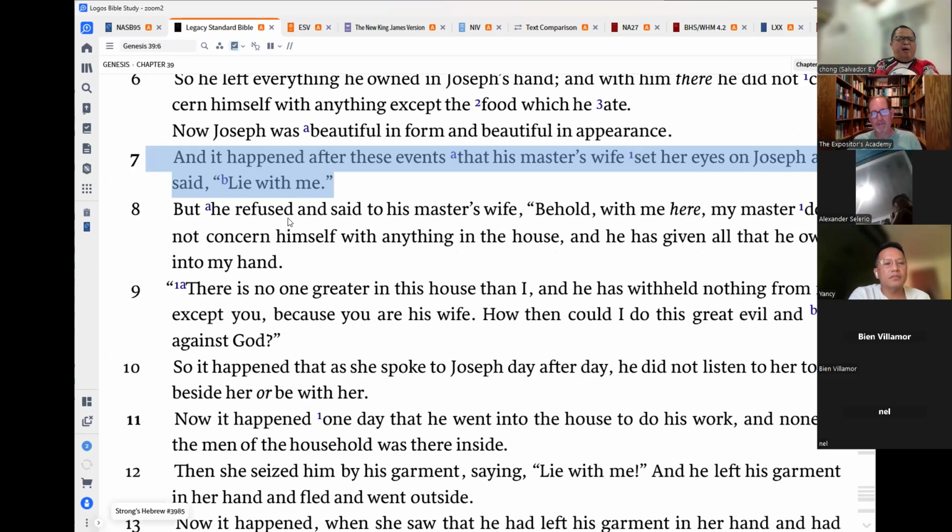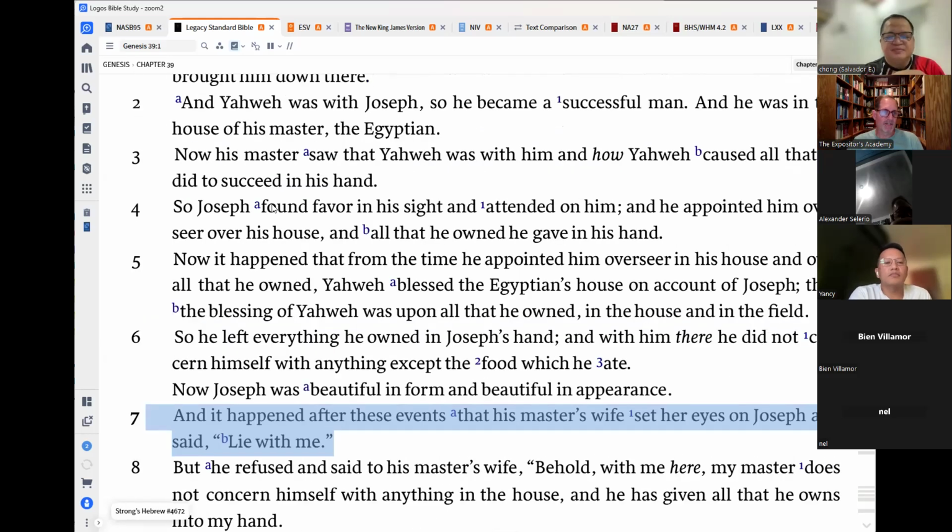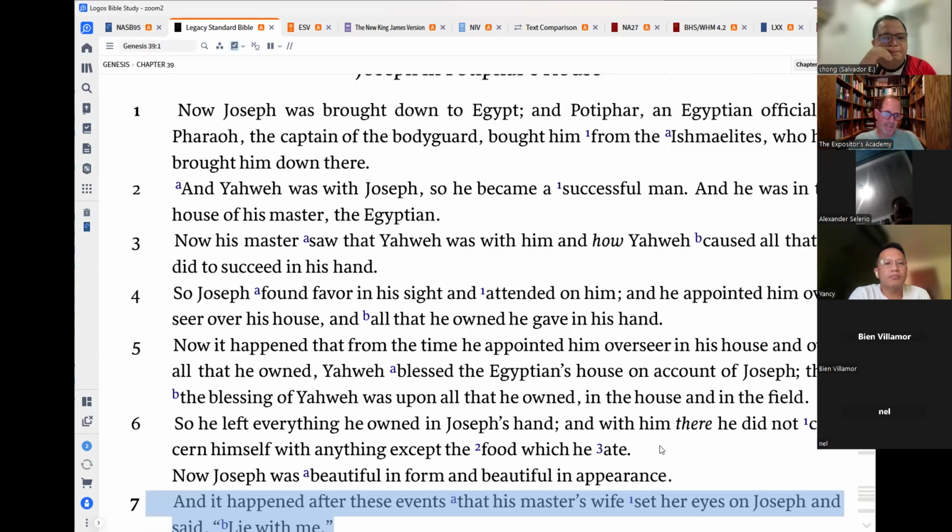So he's probably been there 7, 8 years, something like that. So that's another reason I take verses 1 to 6 as kind of an introduction, because what he's describing in verses 1 to 6 is happening over a 6, 7, 8 year period of time.